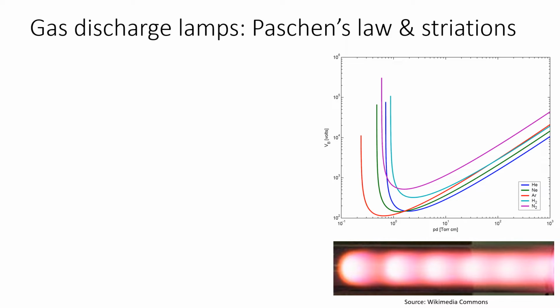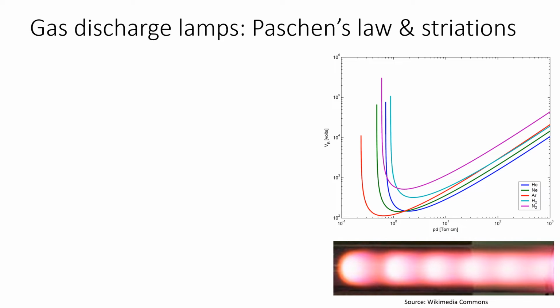And so what's going on here, as far as the pressure of the gas is concerned, if there's exceedingly small pressures of gas, then you're not going to get many collisions between electrons and gas molecules, which would suggest that you want to increase the pressure of the gas somewhat.